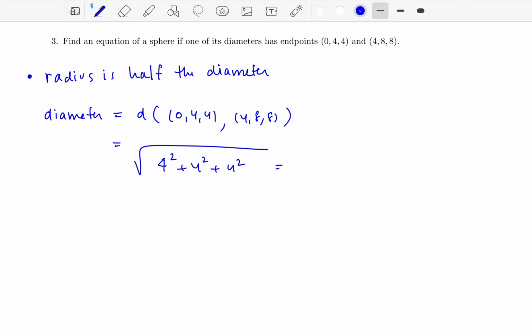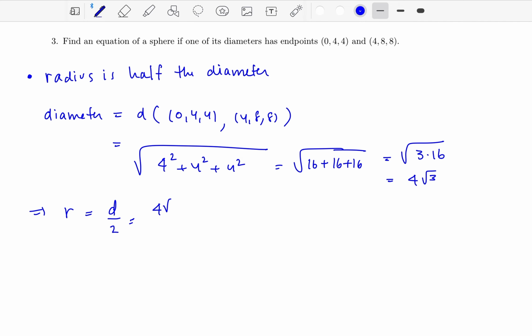So I get 16 plus 16 plus 16, which is 3 times 16, and root of 16 is 4, so I get 4 root of 3. Since this is a diameter, the radius of this sphere has to be the diameter divided by 2, which is 4 root of 3 divided by 2, so 2 root 3.